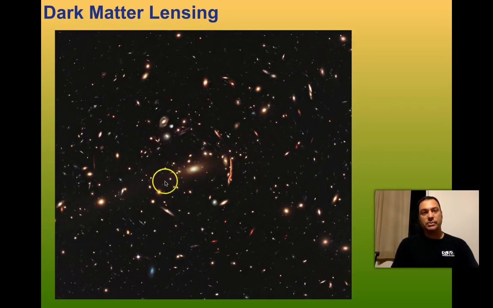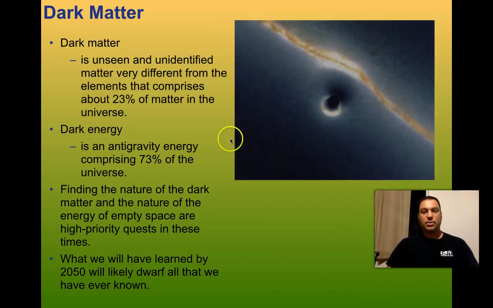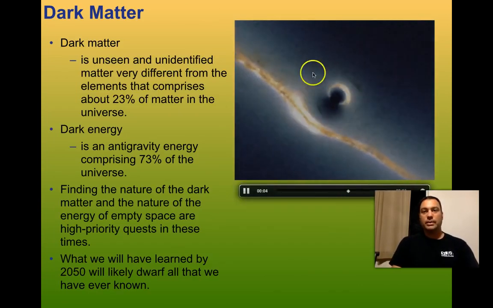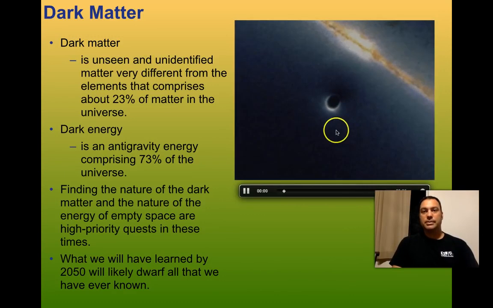And in doing so, it implies the existence of dark matter. And of course, when we look into the image, we don't actually see what it is, but we can see the lensing effect, just as we had seen on that image of a simulated black hole going through an illuminated cloud of gas in deep space.